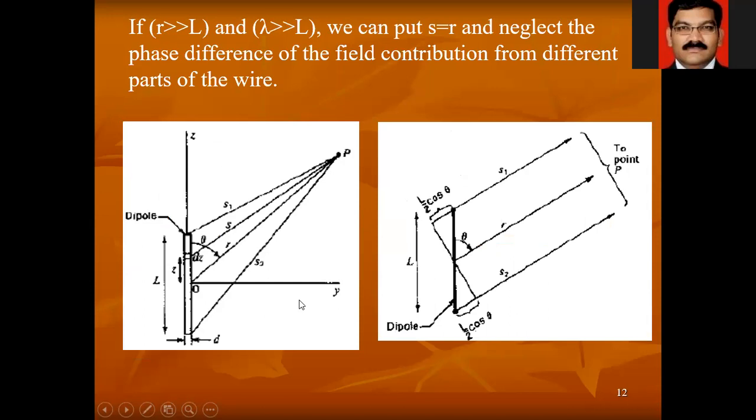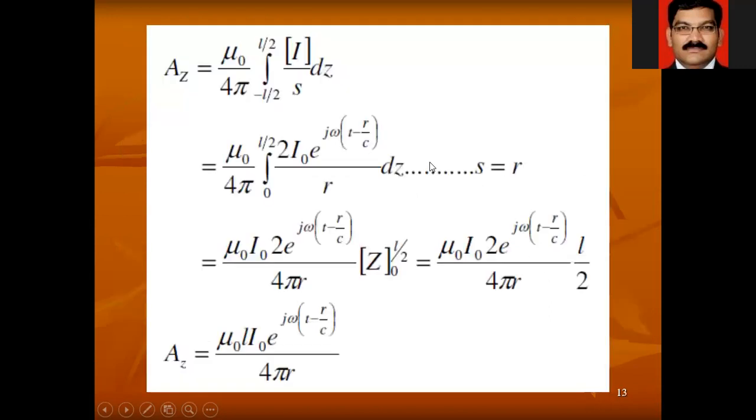Now this is the assumption: R is very large compared to L, whatever the length, and lambda is also large compared to L. Because we are talking in terms of the infinitely small dipole antenna, whatever your S is, you can put as R; they are to be considered the same. With this assumption, we start: mu 0 upon 4 pi, minus L by 2 to L by 2, I upon S dz.